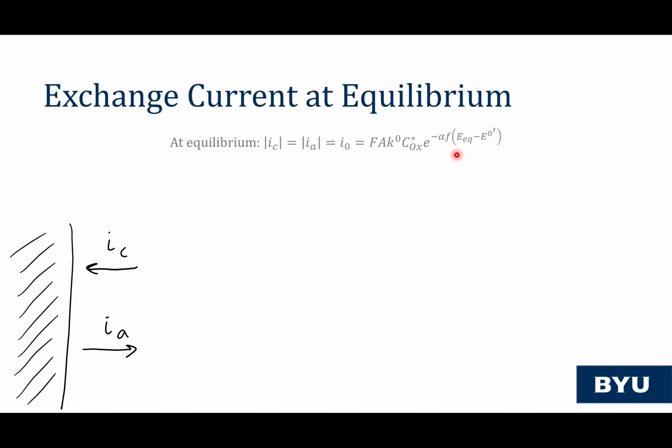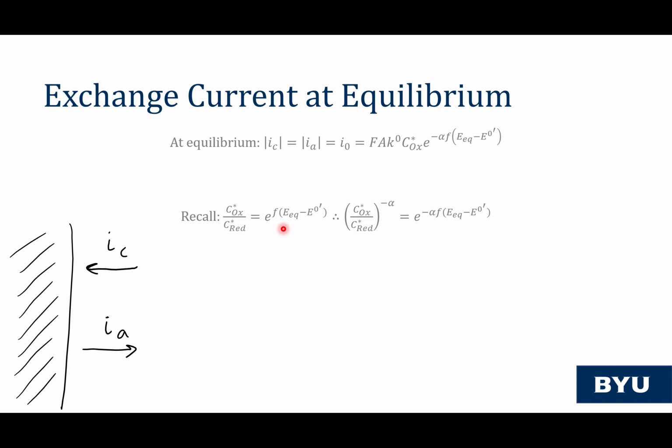So notice this is only for the forward reaction, and we're neglecting the backwards reaction here, but we're doing it at the equilibrium potential. Well, then we need to find a way to simplify this exponential term into something that's a little bit more wieldy. And so what we do is we recall the rearranged Nernst equation.